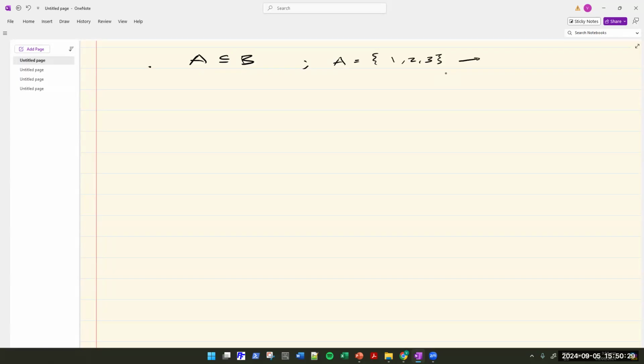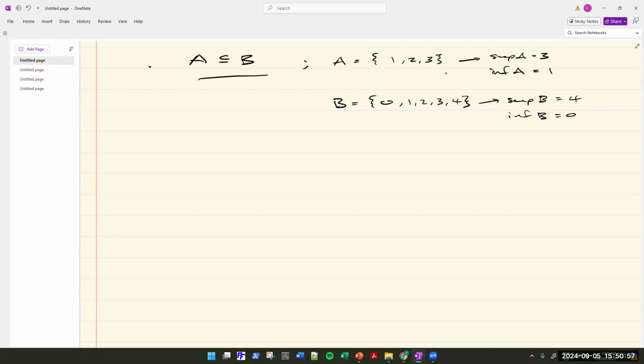Then of course the supremum of A is 3 and the infimum of A is 1. And let's say B is 0, 1, 2, 3, 4. Then the supremum of B is 4, and the infimum of B is 0. So of course, in this case, A is a subset of B.